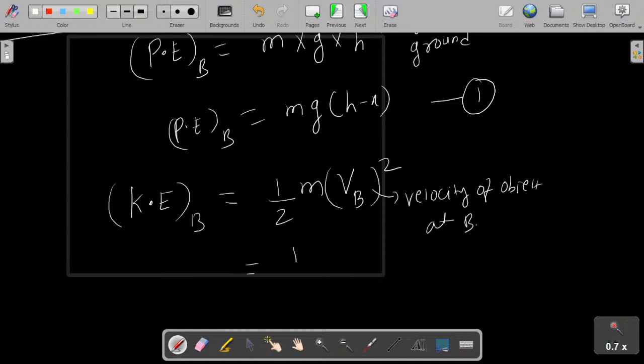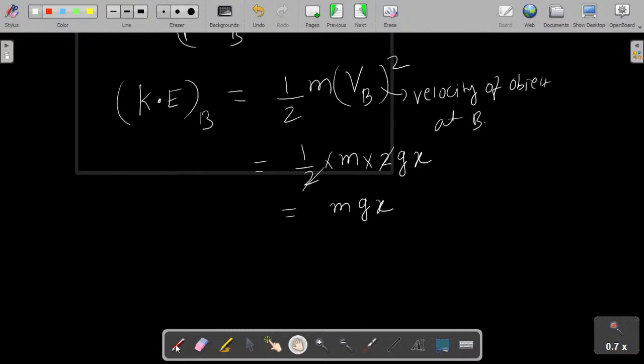It will be half m, and in place of VB square we can write 2GX. So the 2 will cancel, and you will get mgx. This is the kinetic energy at point B.